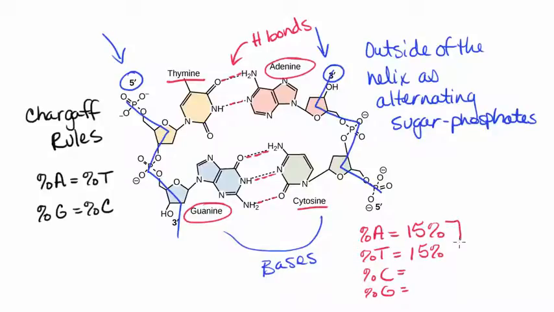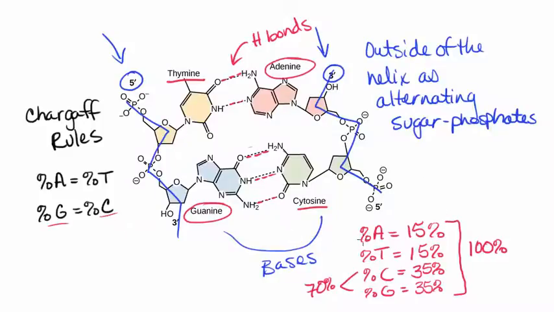And then if we consider that all 4 of these have to add up to 100%, well, here we have 30. So between these two, we must have another 70% that we would want to divide up. So then we just take 70% and we divide that by 2, and that's going to leave us 35% for C and 35% for G. And then we could double check and just make sure again that the C and the G are equal to each other.